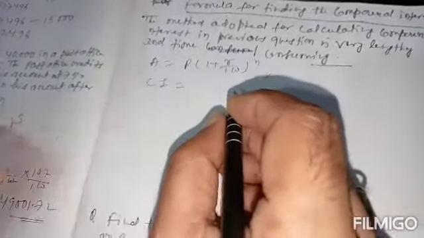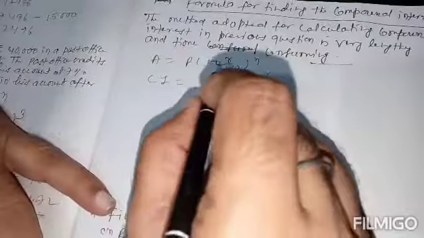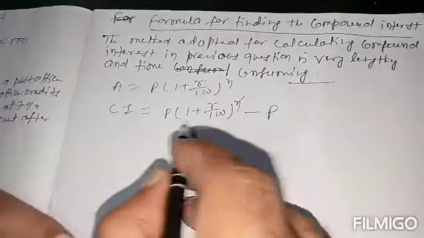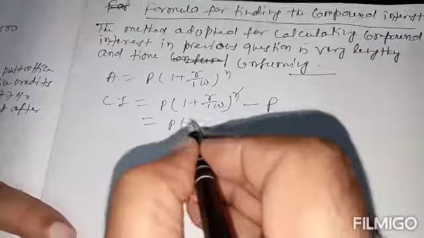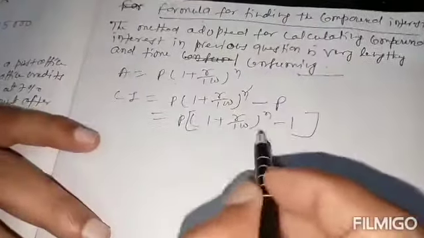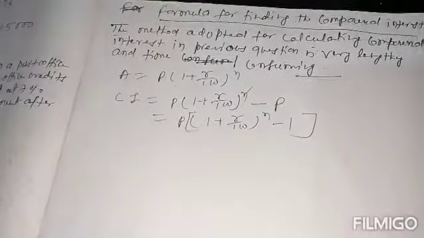We can also find compound interest directly with this formula: amount minus P is equal to interest, so P is taken as common, P[(1 plus R by 100) to the power time minus 1]. Directly, we can find compound interest.